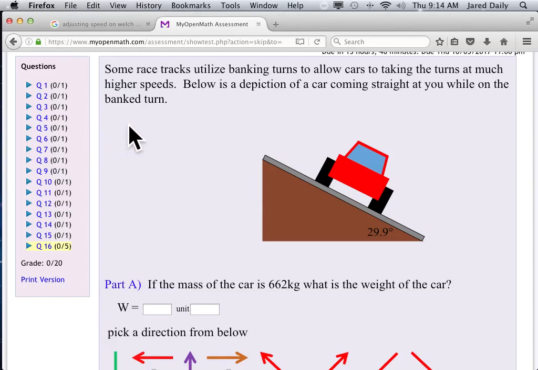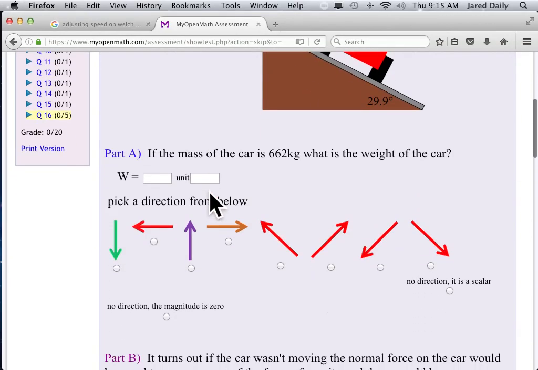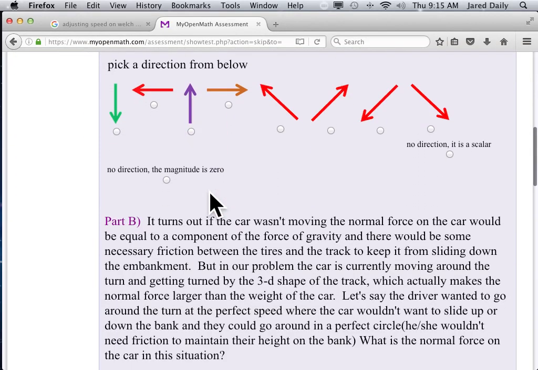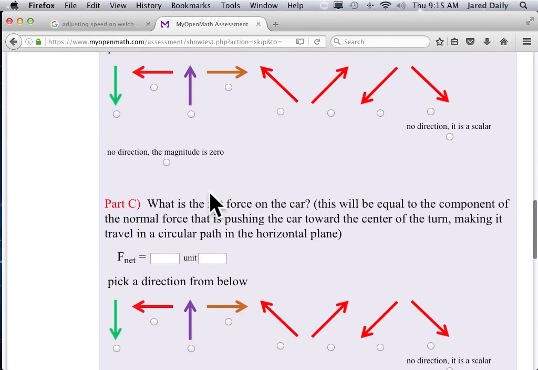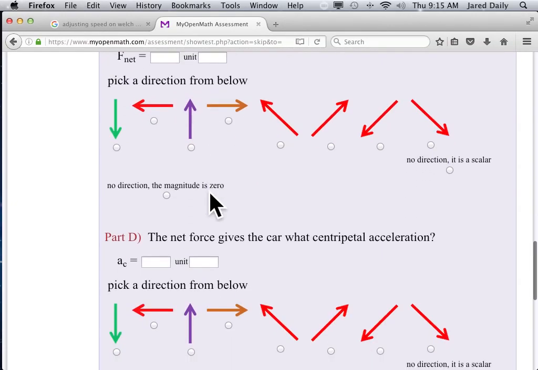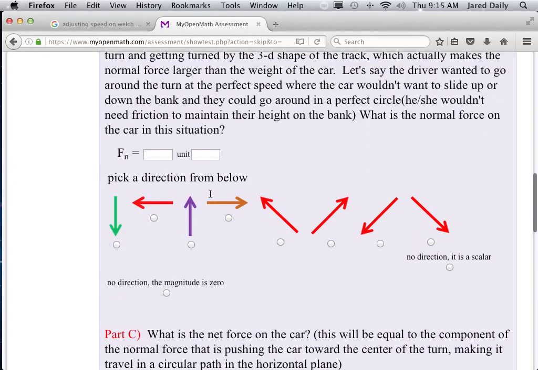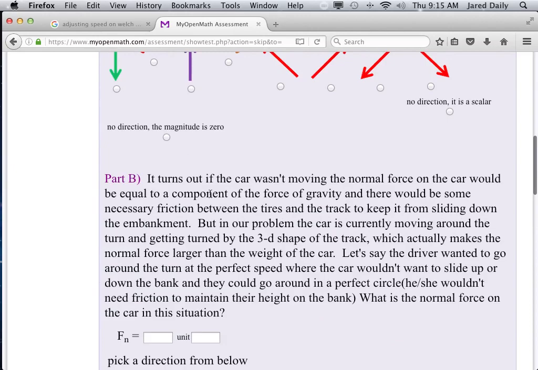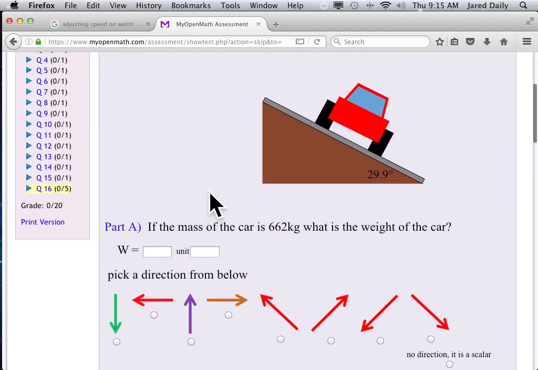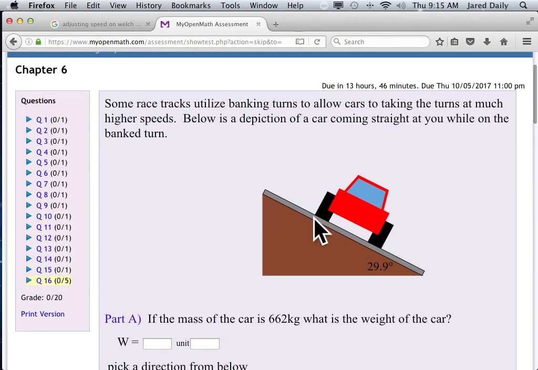But here we have the race car problem, except on a banked turn, a banked curve, right? We're going to assume that this turn is an ideal banked turn so that the car will not slide even if it's frictionless here.